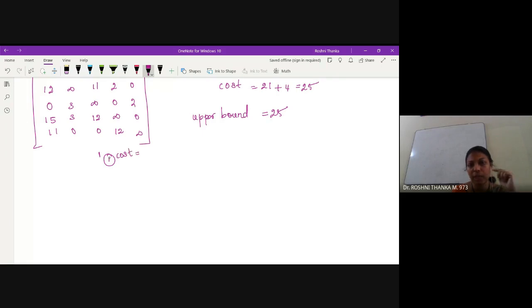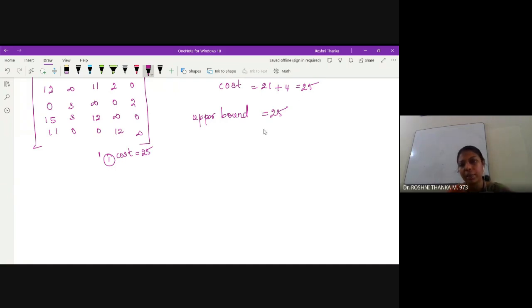Initially when you start, the cost we have is 25. And in 0/1 knapsack, we updated the upper bound by seeing the cost value, right? If any upper bound was less than the upper bound we already had, we updated it.